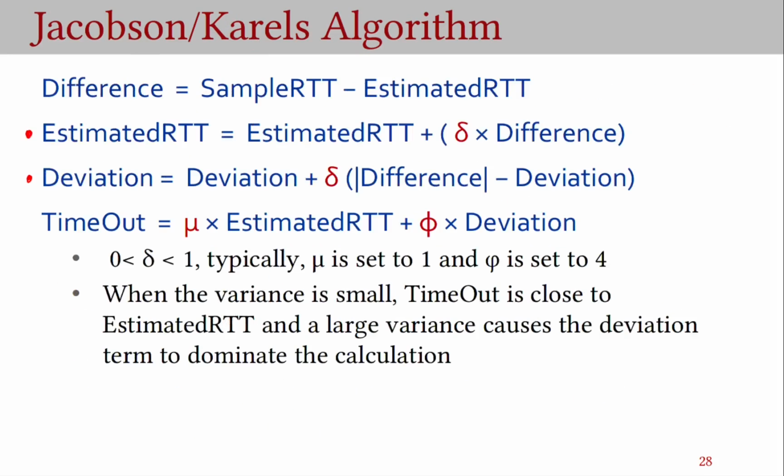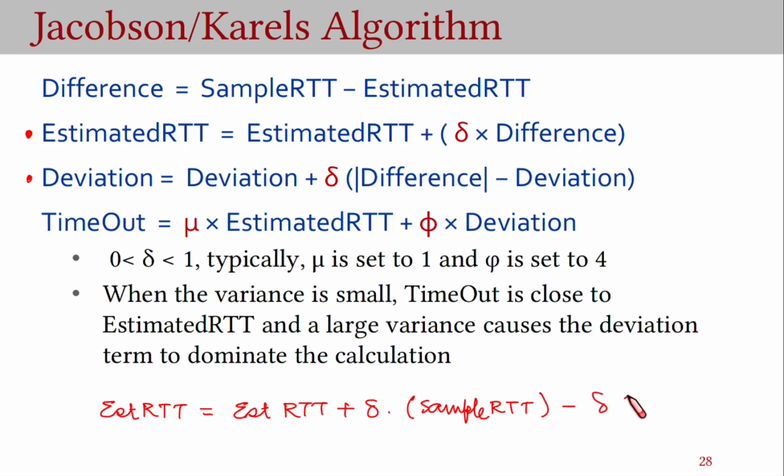If you compare that equation with this one, delta is basically 1 minus alpha, because if we expand this, you have estimated round trip time equal to estimated round trip time plus delta times difference, which is sample round trip time minus delta times estimated round trip time, which gives 1 minus delta times estimated round trip time plus delta times sample RTT.